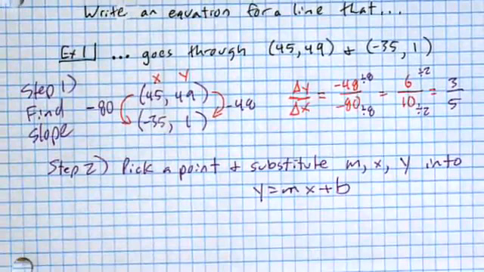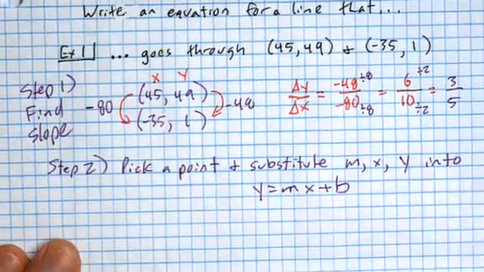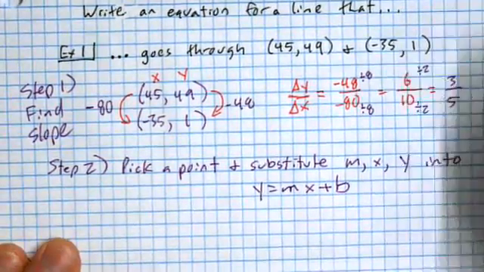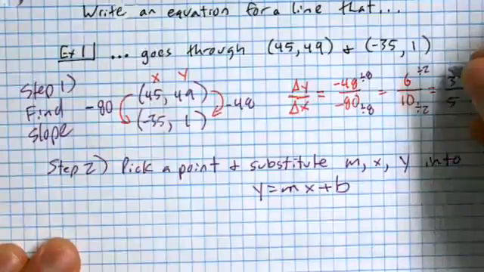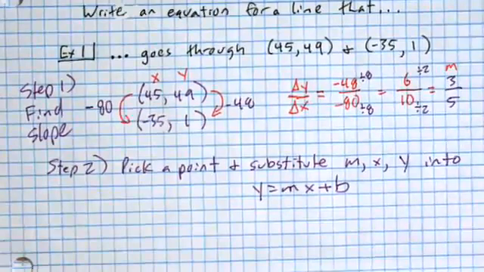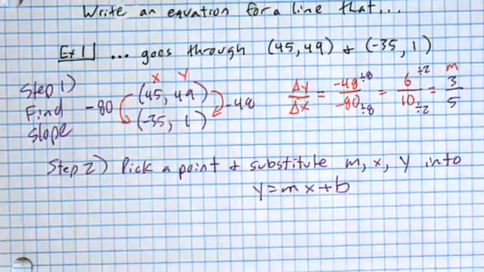So we know what m is, don't we? What is m? m is the slope, and what is our slope? 3 over 5. We know what m is. So I'm going to put a little m over top of that 3 over 5.